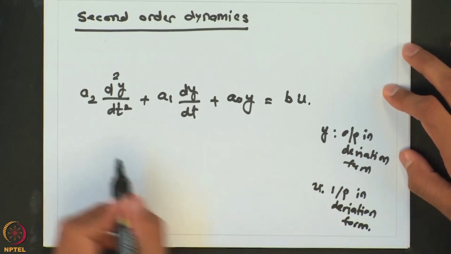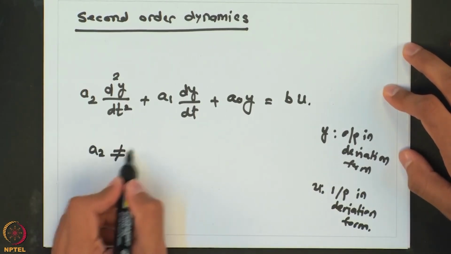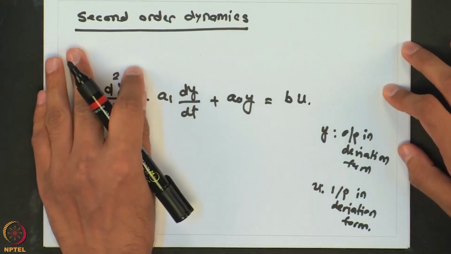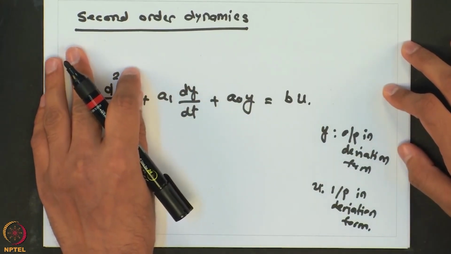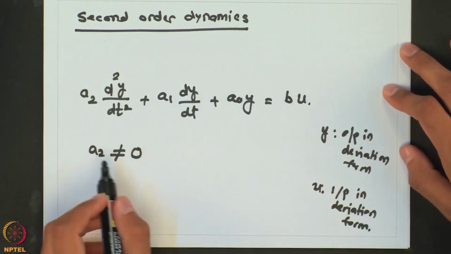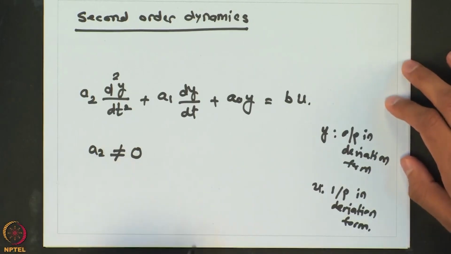And obviously the condition is that A2 should not be equal to 0, because if A2 is equal to 0, what we have left is the first order differential equation. So this will be a first order system, and then all these other constants are there.